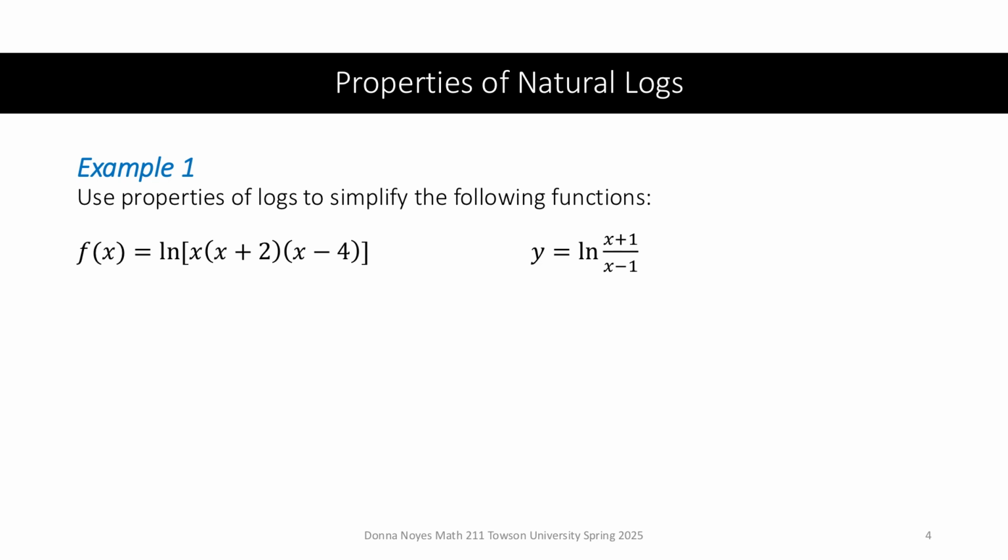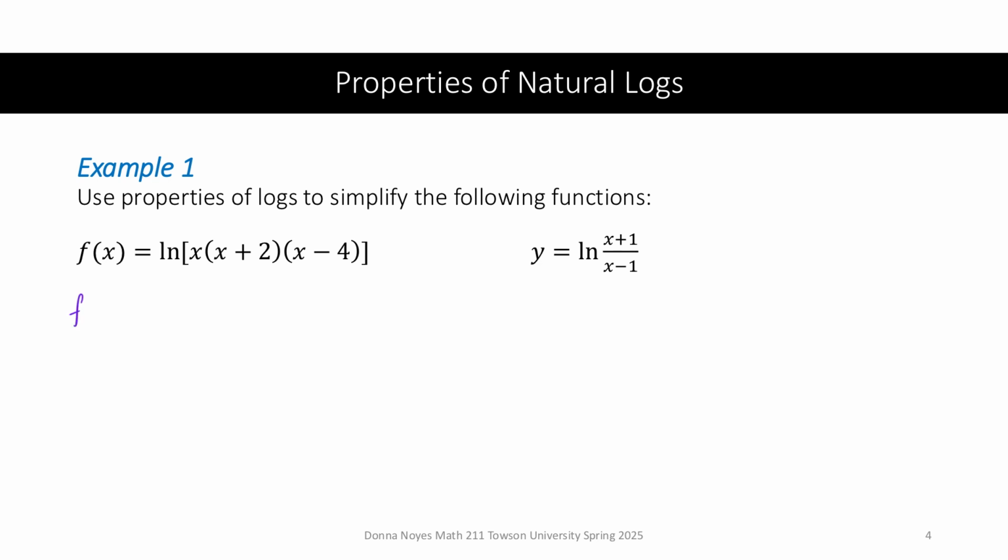Let's put a couple of these log properties to work for us. If I have the function f of x is equal to the natural log of the entire product, x times the quantity x plus 2 times the quantity x minus 4, that is a product times a product, right? There's multiple products in there.